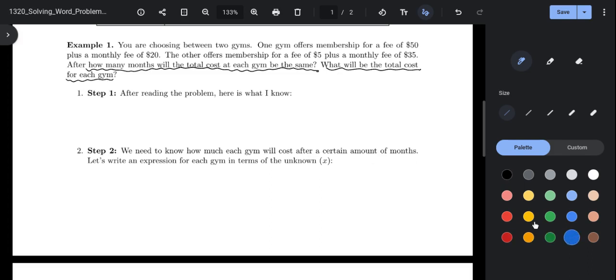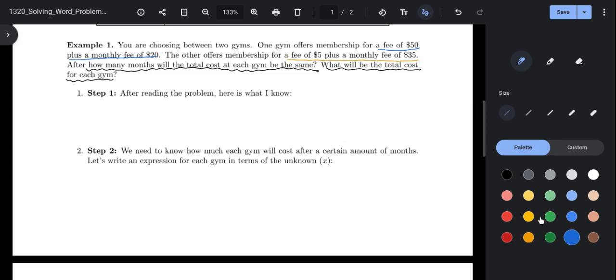Now, some information that we are given is one gym, which I'm going to call Gym 1. They have a membership that's a fee of $50 plus a monthly fee of $20. And Gym 2 is giving us a membership for a fee of $5 and a monthly fee of $35.